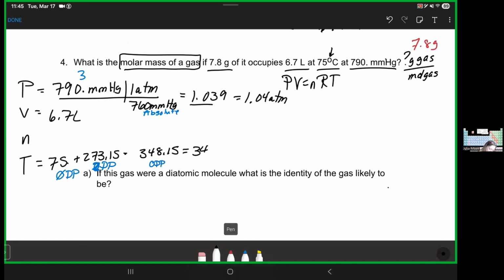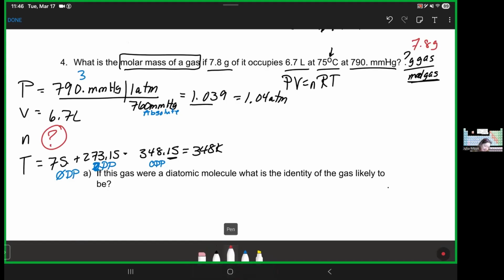So 348 K. And some of your instructors might not use the 0.15. You see, it doesn't change the answer if I had just left off the 0.15, because the 0.15 is not going to round your number up. Some instructors don't use it, some do, so I always use it. So you see, the one thing we don't know is our moles. So if you didn't know what else to do, you would solve for moles. But that is what we're looking for up here, right? Moles of gas.